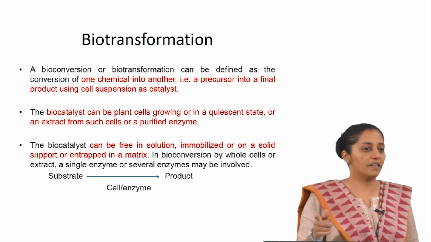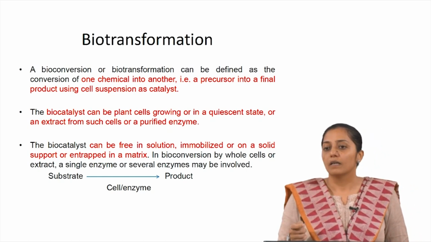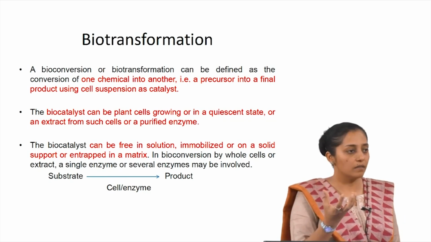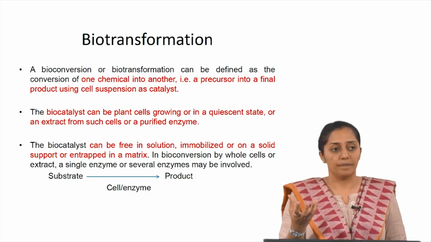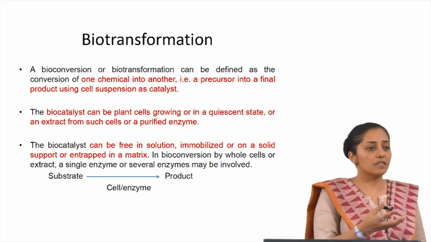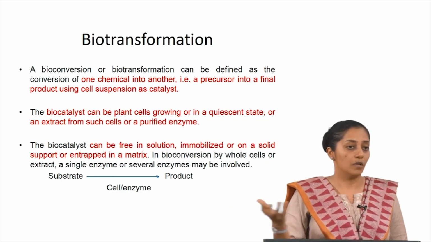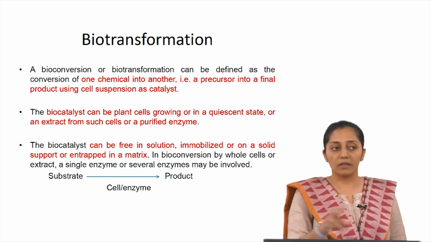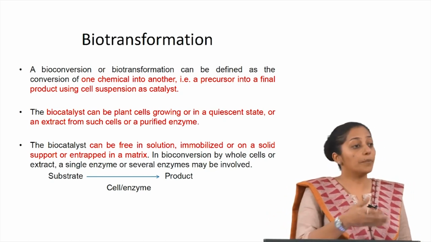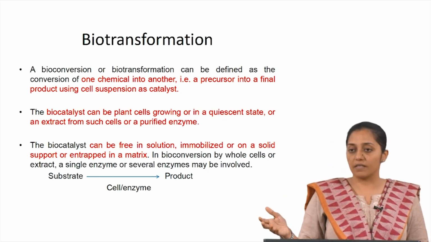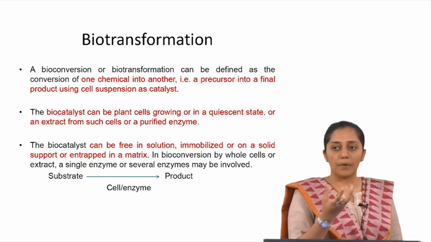you get rid of these limitations. Now, in plant cell technology the whole plant cell is nothing but a rich repository of enzymes. So, what will be involved in all these reactions? Enzymes. Either you have a purified enzyme and carry out these reactions, or you use a rich repository of enzymes.